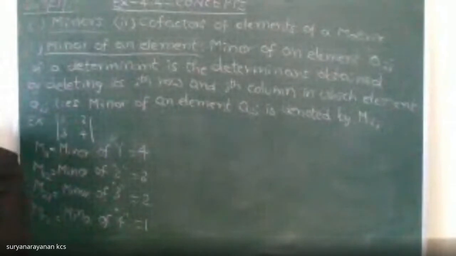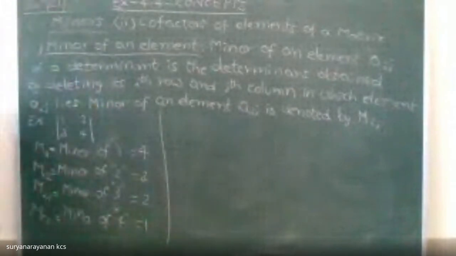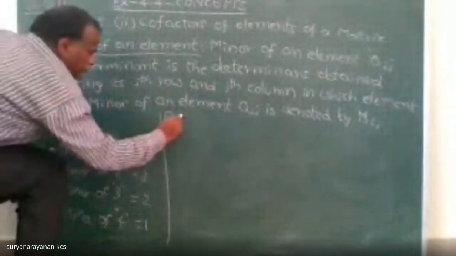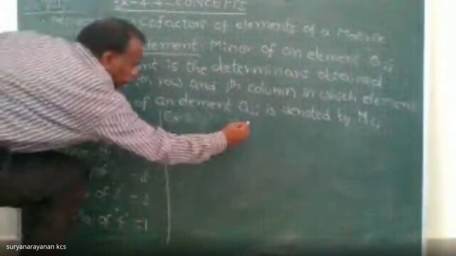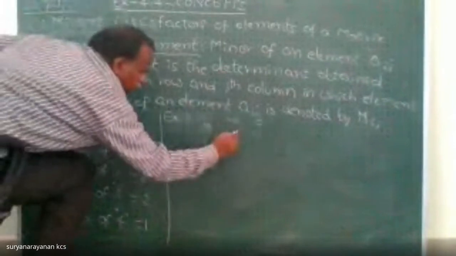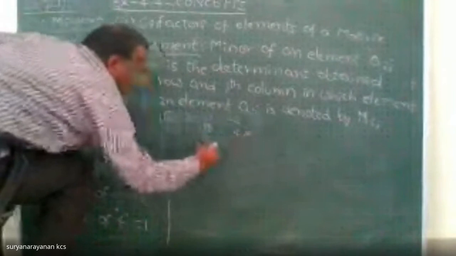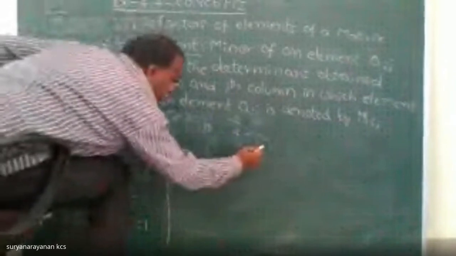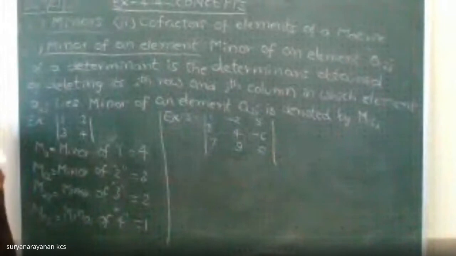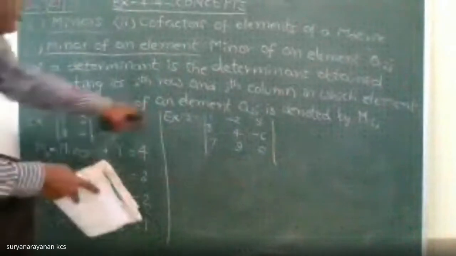Suppose in the case of 3 by 3, how many elements are there in this matrix?